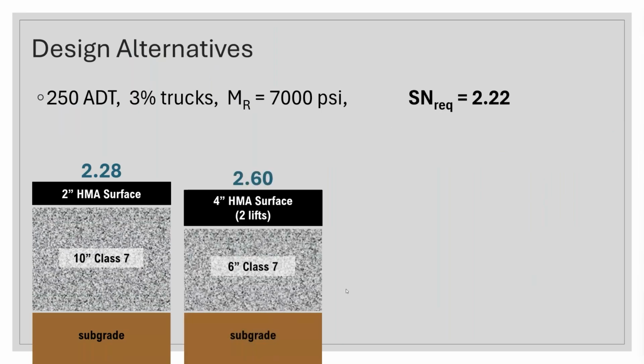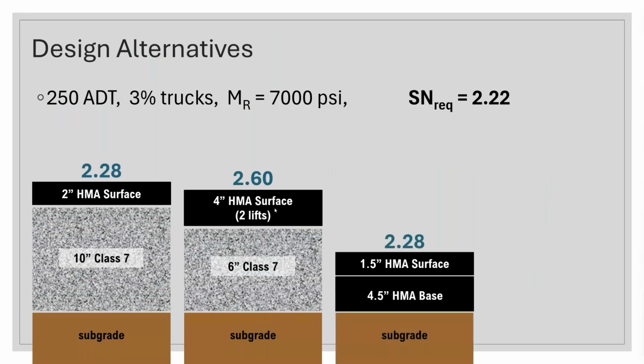I could also do 6 inches of class 7 with 4 inches of surface. So 2 lifts of a surface mix on top of that. That will also give me enough structure.